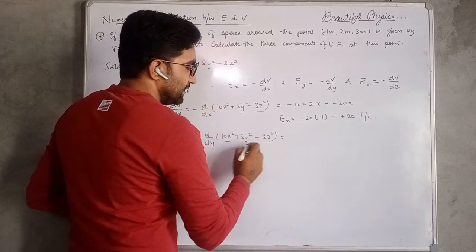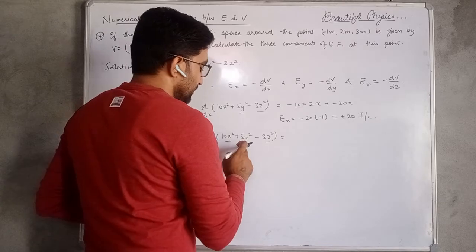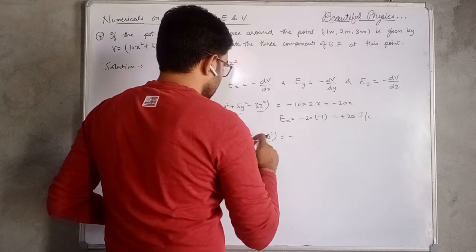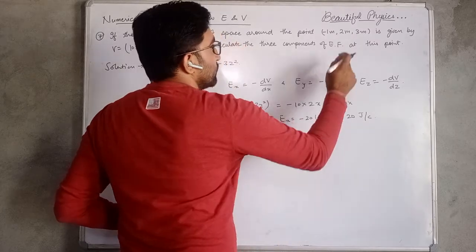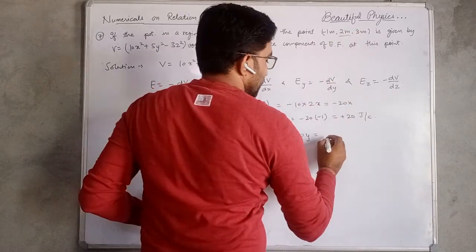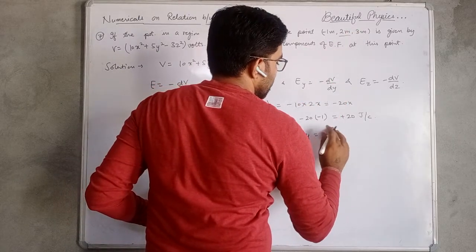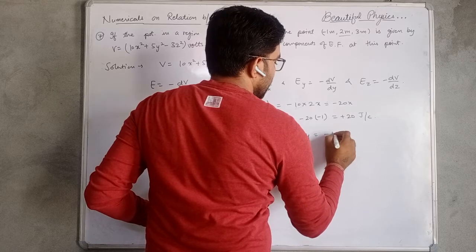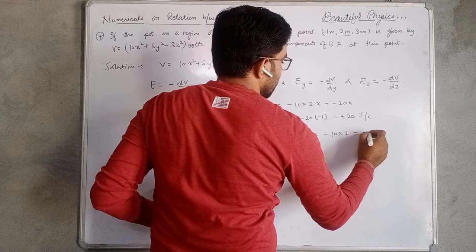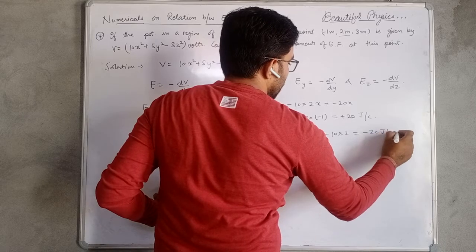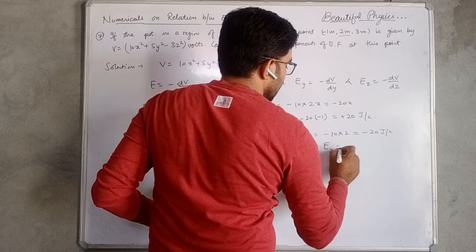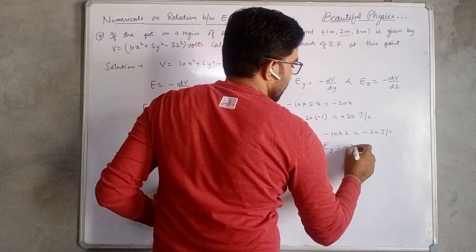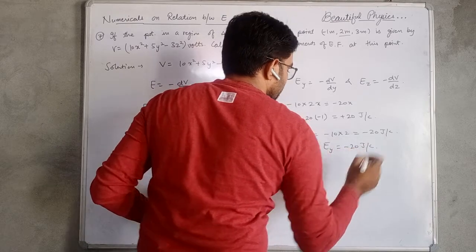Now x and z are treated as constant, so we have minus 10y, and in place of y we put 2, it will be equal to minus 10 multiplied by 2, which is minus 20 joule per coulomb. This is the y component of electric field, minus 20 joule per coulomb.